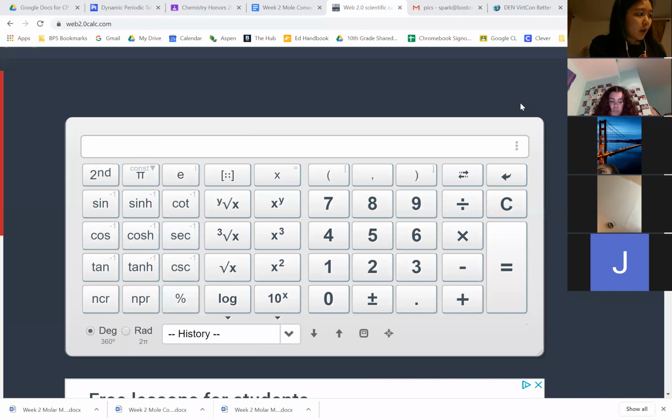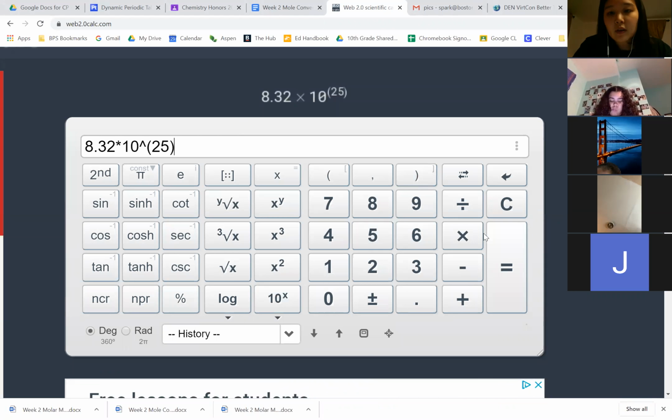So we're still on number 8. It's going to be 8.32 times 10 to the 25 divided by, you see how I'm putting it in parentheses, 6.02 times 10 to the 23 power, close parentheses, and I get 138.2 moles.